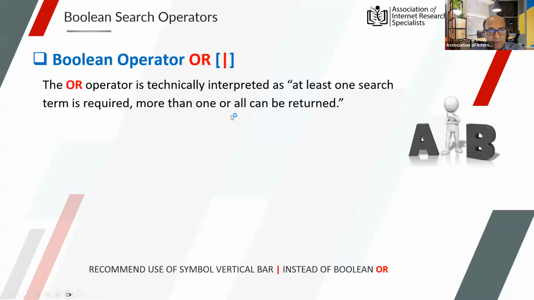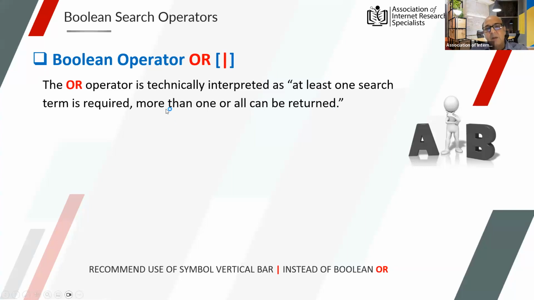If you look at it carefully, it says at least one search term is required between the two. So there is no choice for the search but to find at least one of the two. Otherwise, the OR is not functioning.